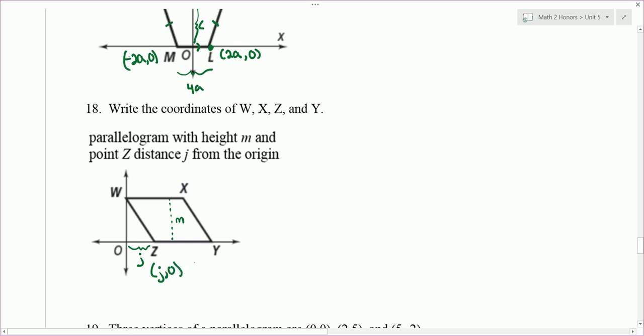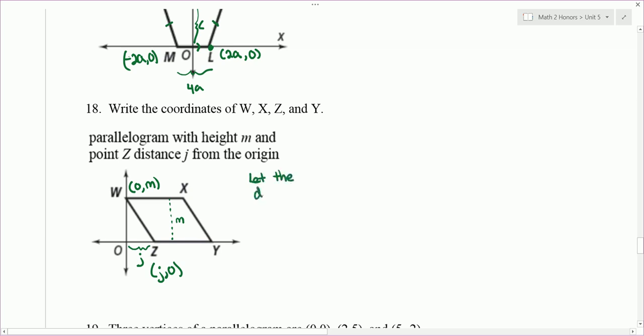Is there anything else we have here? Parallelogram with height m. Well, W we know is going to be 0, m. Okay, and from there we have a choice. We get to pick what distance we want Z to Y to be and W to X to be. So this is our choice.